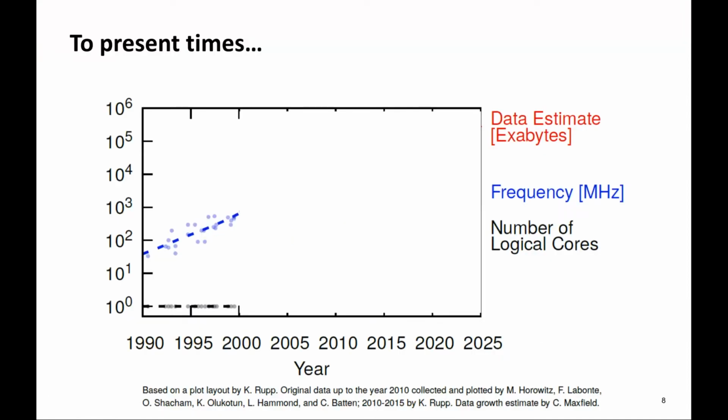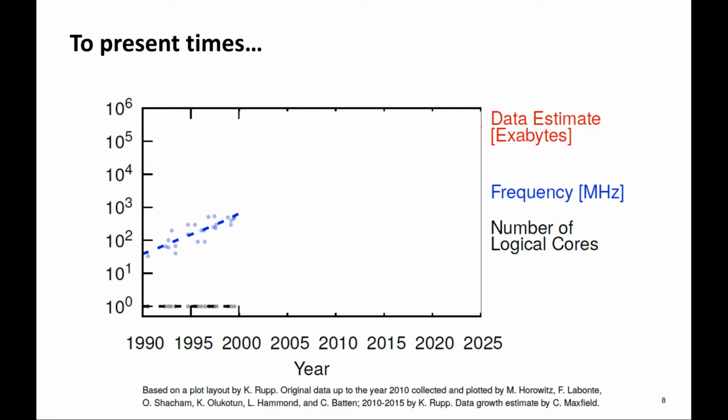If we look back and try to understand why specialization failed again and again in the past, it has to do with the way general purpose CPU performance was increasing. What you see in this graph is a timeline from the early 90s up to the present day.